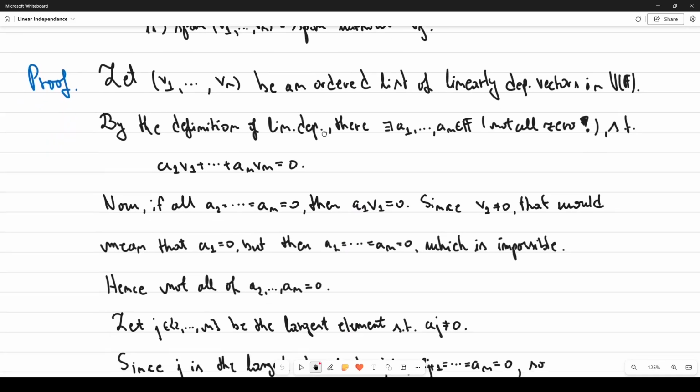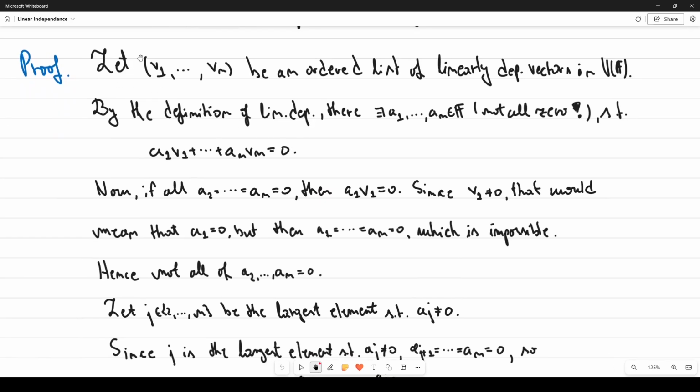So let's prove this. Let this list be an ordered list of linearly dependent vectors in our vector space V over F. Now, by the definition of linear dependence, there exist scalars a1 all the way to an, not all 0 due to the linear dependence, such that this linear combination is equal to 0.